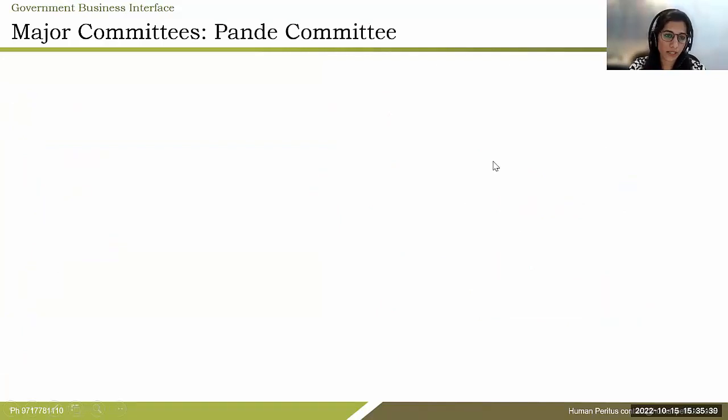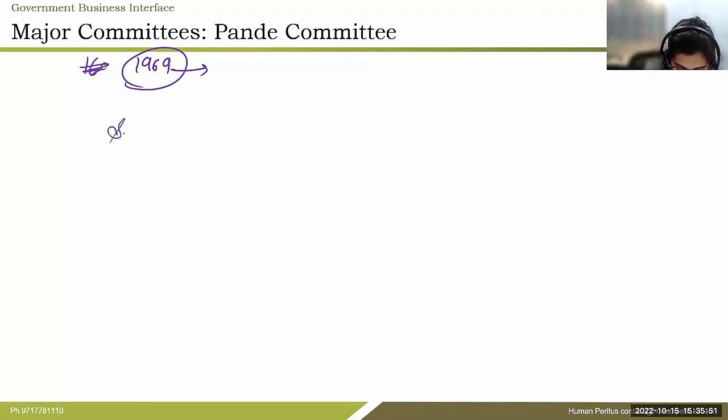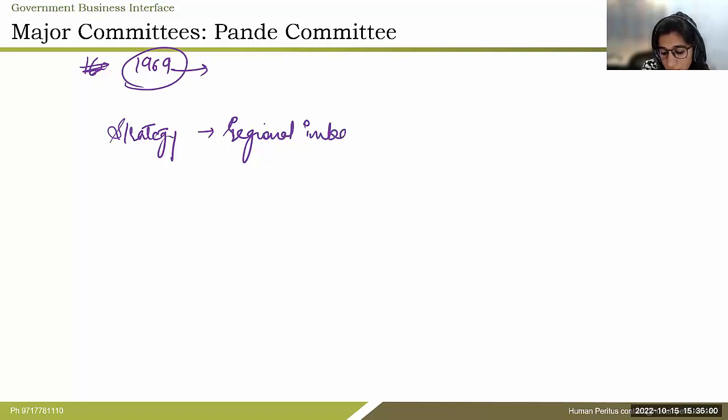So one by one, let us start with the Pandey Committee. This committee was formed in 1969. It is a very famous committee. It was there to suggest a strategy whereby regional imbalances could be minimized, or even eliminated.